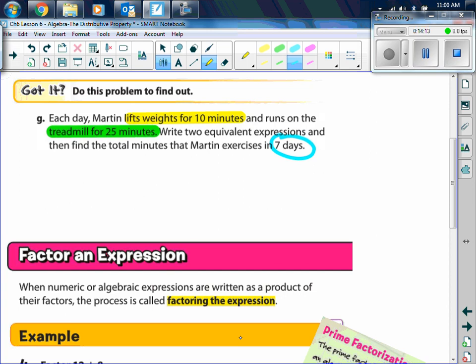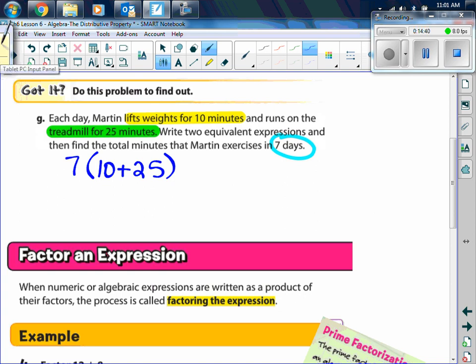See? So, the first expression that we're going to write, I would add the 10 plus 25, right? So we've got 10 plus 25, and we want to do that number of minutes for 7 days, right? So times 7. Is everybody clear?